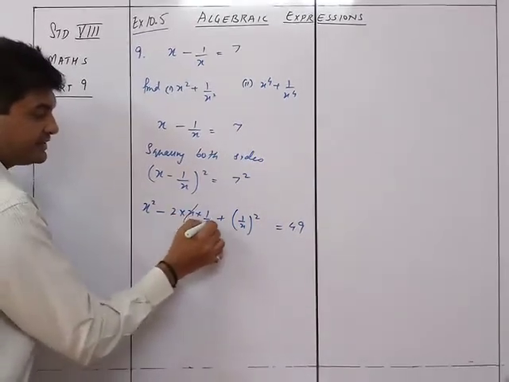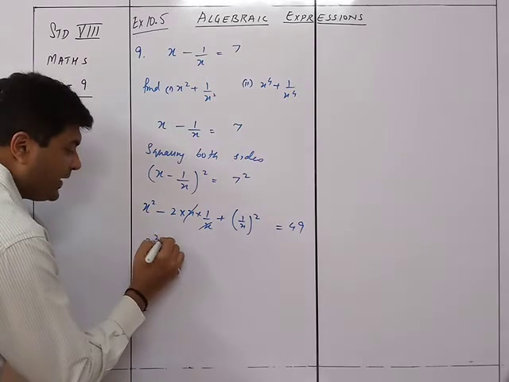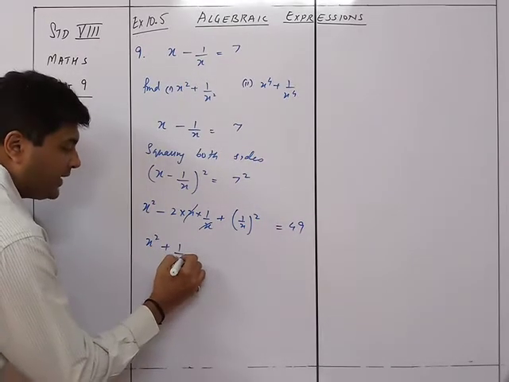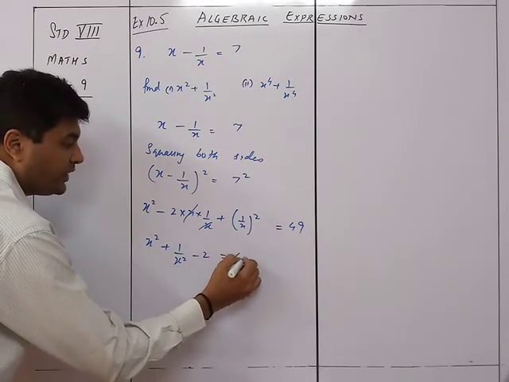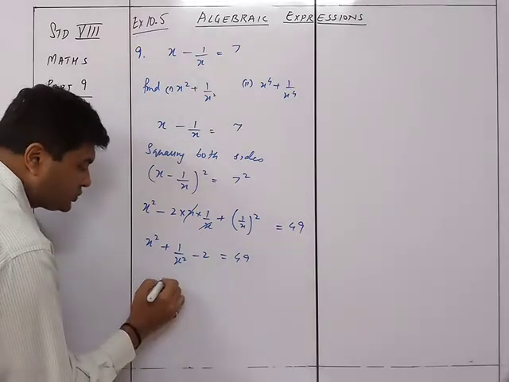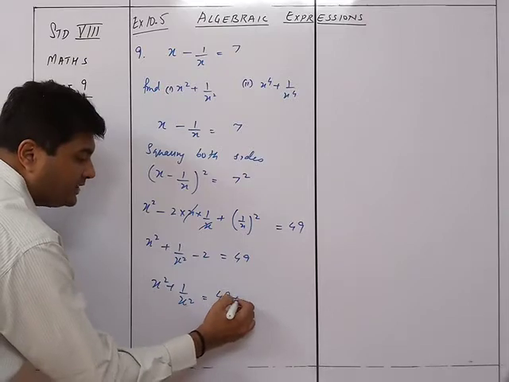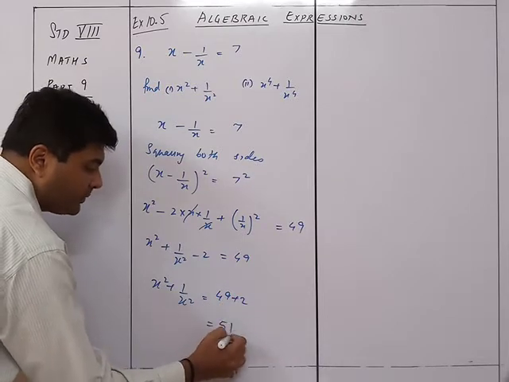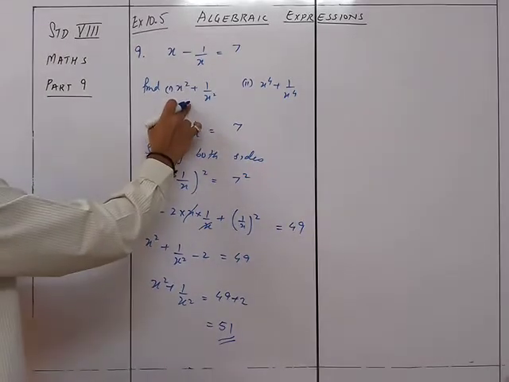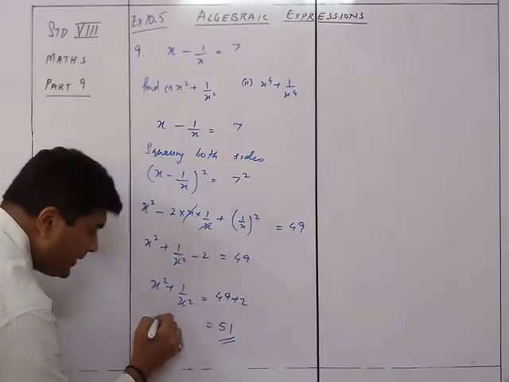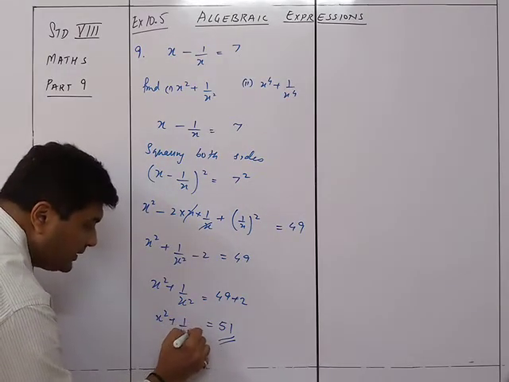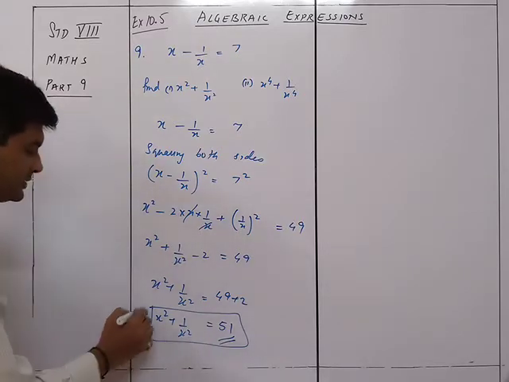Now this x and this x can cancel. So it will be x square plus 1 upon x square minus 2 is equal to 49. So 2 goes here. So x square plus 1 upon x square is equal to 49 plus 2 is equal to 51. So x square plus 1 upon x square is equal to 51 is your first answer.